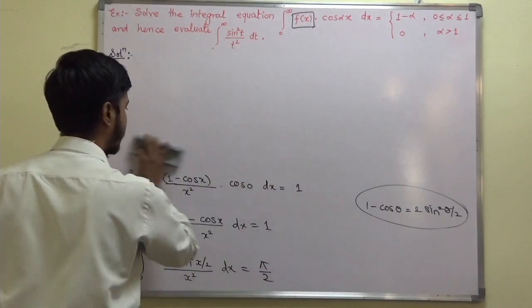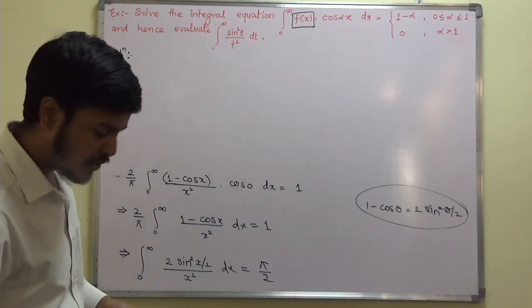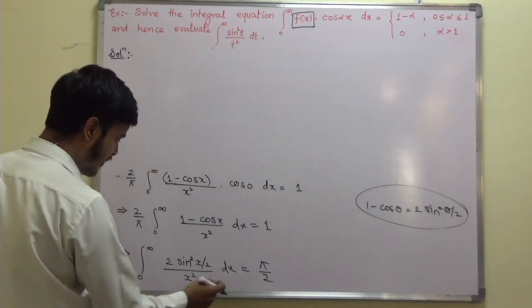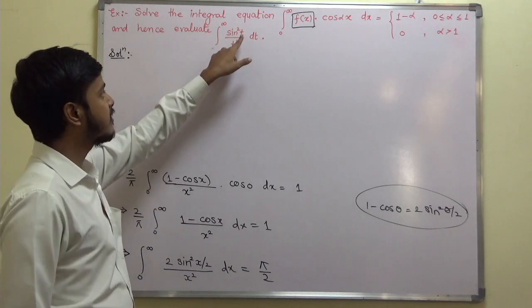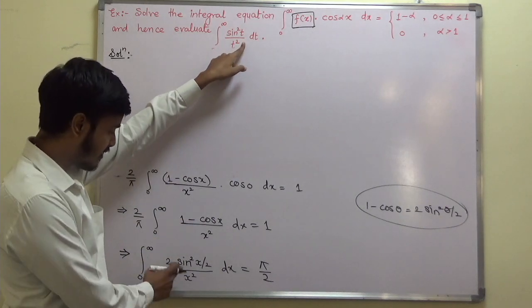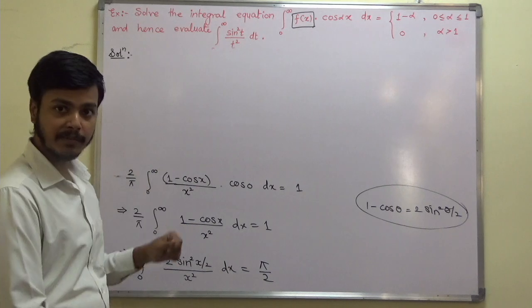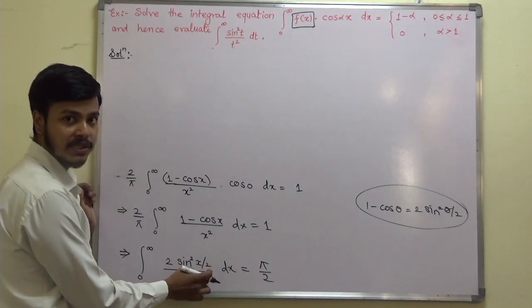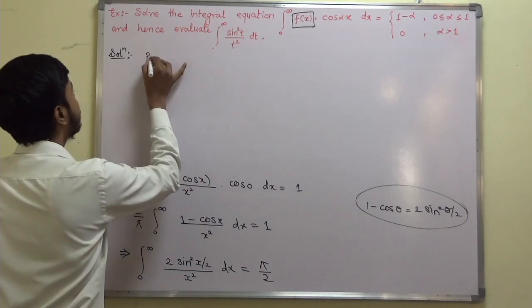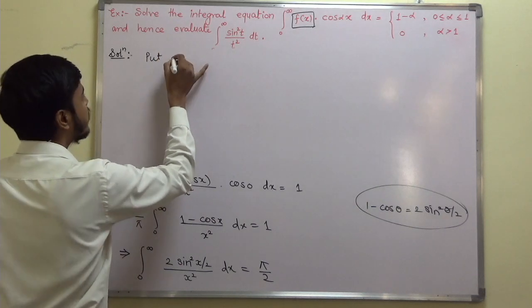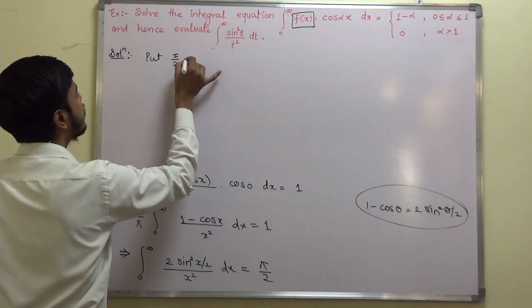Continue this. So you will be getting it to be this, but we need sine t. It is not like sine square x by 2 or something like that. So I need to do substitution over here. Put x by 2 is equal to t.